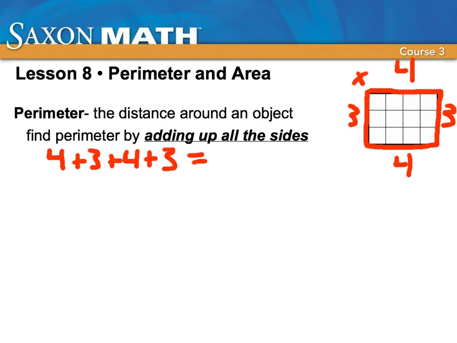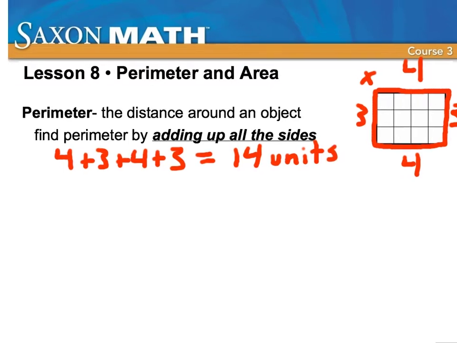Well, 4 plus 3 is 7, 7 plus 4 is 11, 11 plus 3 is 14. When we talk about perimeter and area, we always need to put a label on it. Sometimes they might tell you it's centimeters or something like that, but we don't have a label on this one. When we don't have a label, we're just going to put units. So I'm going to walk a total of 14 units around the outside.